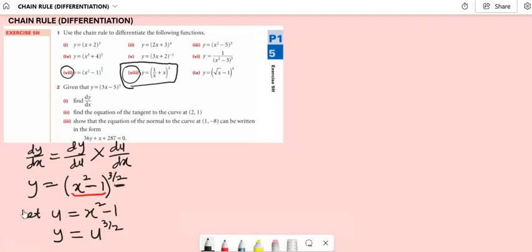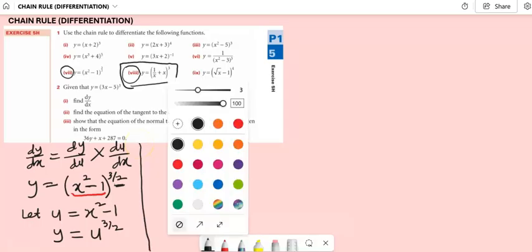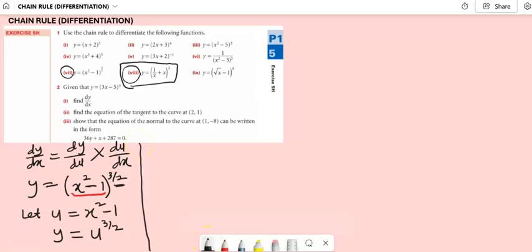Let me copy out both of them. My y is equal to u raised to the power of 3 over 2 and my u is equal to x squared minus 1. Now I can get my dy du. Differentiate y with respect to u.